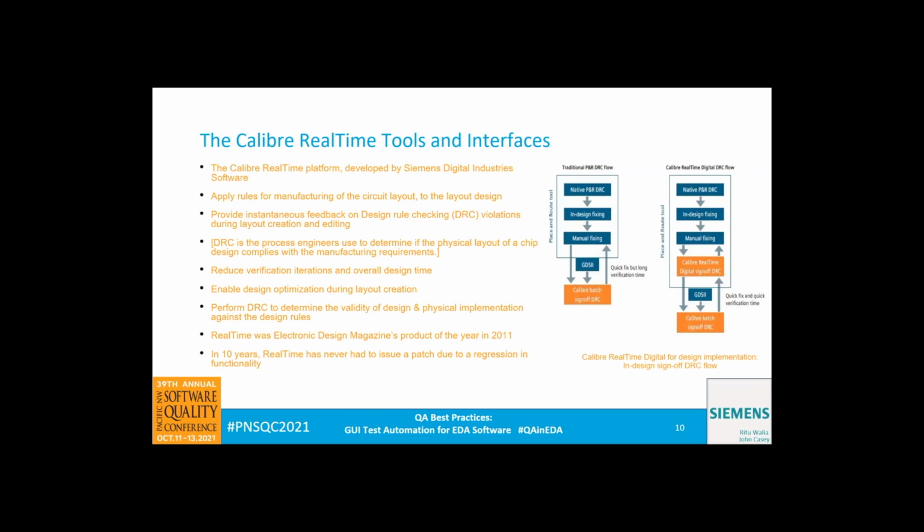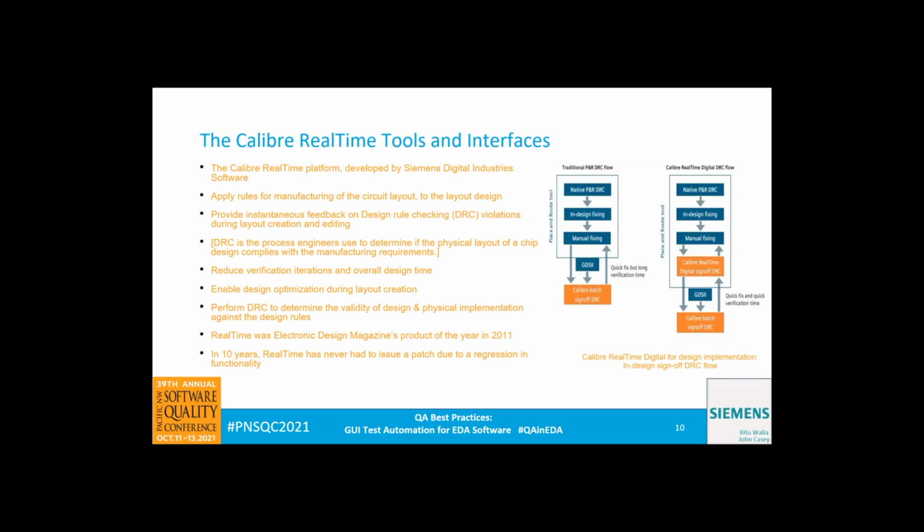The purpose of the Calibre RealTime platform is finding flaws in an IC design and layout prior to manufacturing that can save the design company and manufacturer billions of dollars. Designers need to ensure that designs adhere to the manufacturing requirements. Since these designs may include billions of logic circuits and interconnects, the verification checks need to be run at steps of the design and implementation process, making it a computationally intensive task.